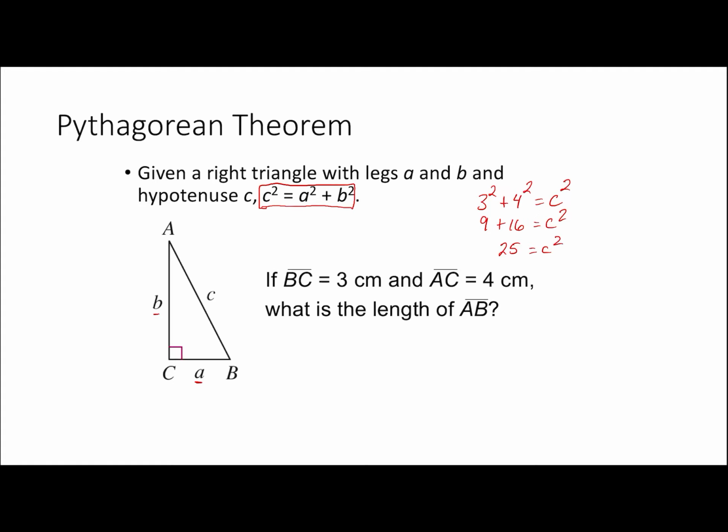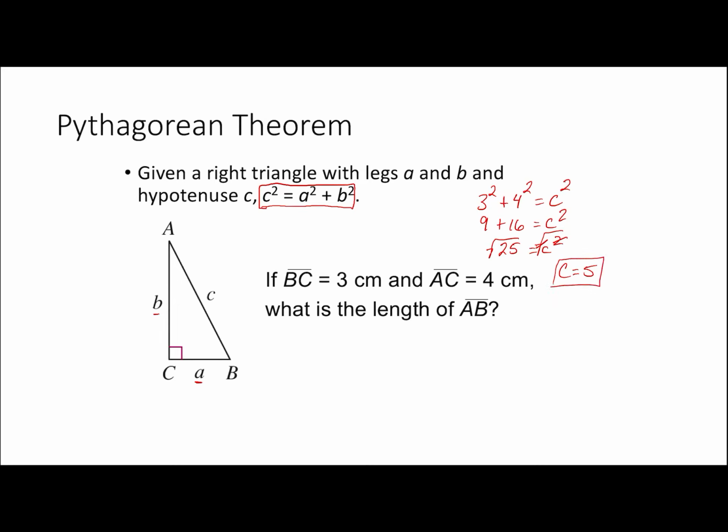To get C by itself, because we want to know the length of C, you take the square root of both sides. The radical and power cancel. It's the square root property, if you're familiar with that from college algebra. You find out that C is equal to 5.